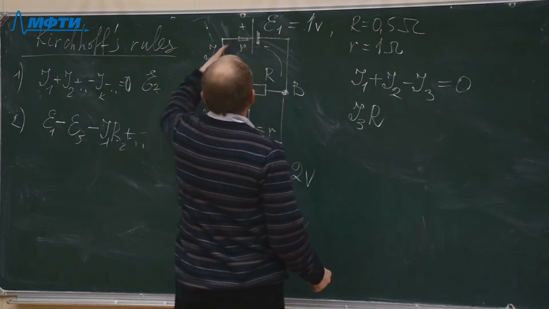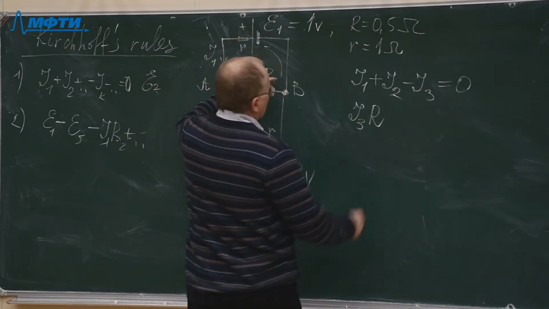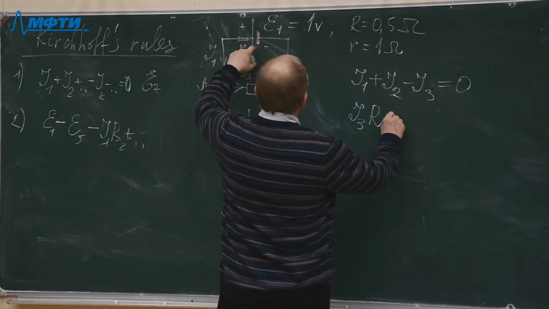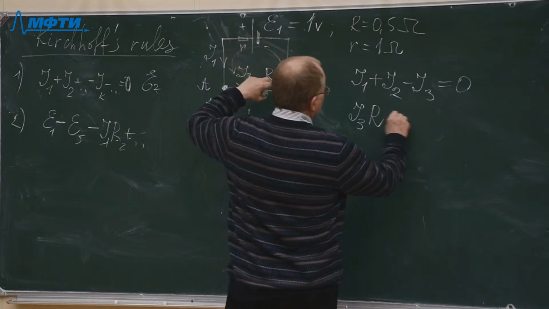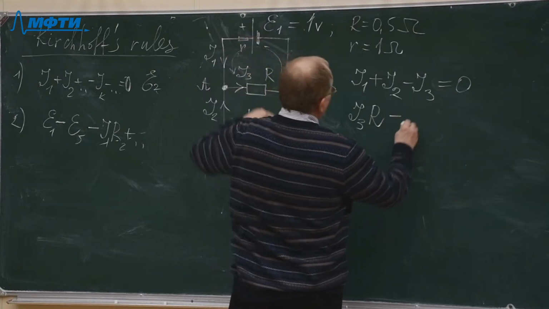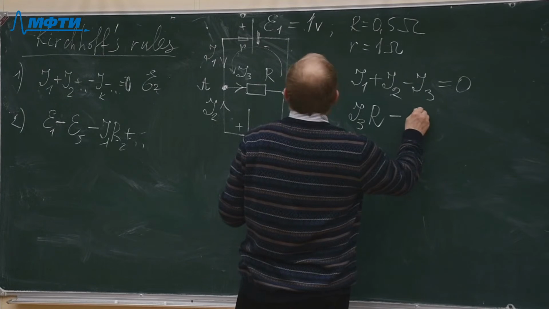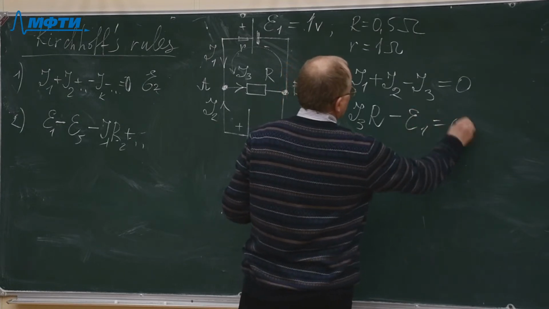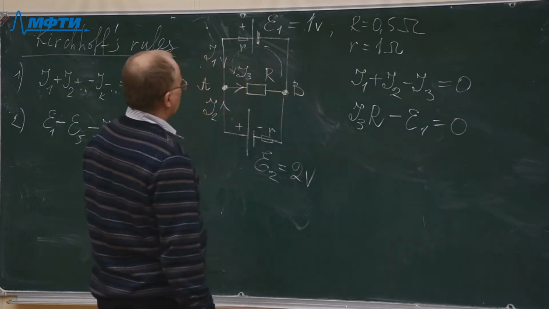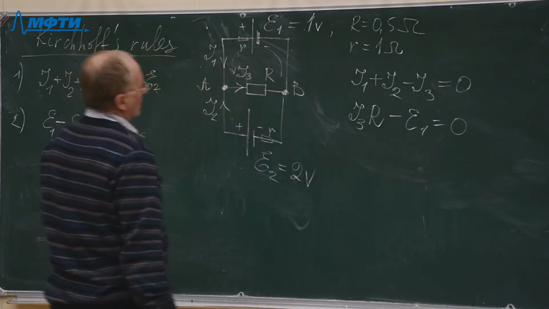And as we go along this closed circuit, we move the positive charge against the internal field in this battery. So that will give us minus E1, and that will be 0.